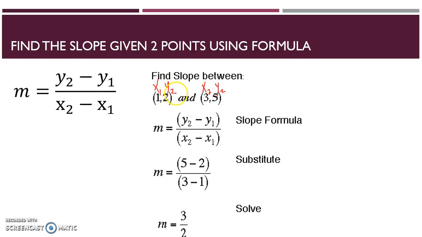Okay, so we would simply plug those into the formula and the corresponding places. We would substitute. Here you see 5 minus 2 and then 3 minus 1, which simplifies to 3 over 2.